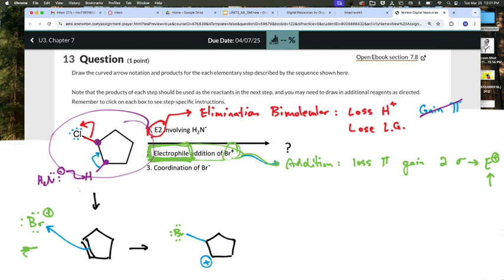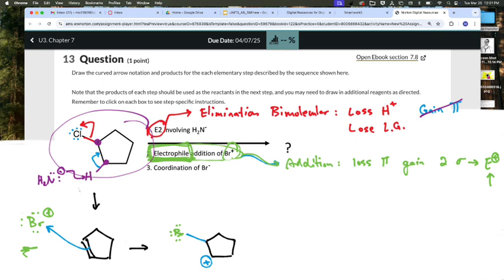You have to account for each of those pieces as you navigate. Why do you need to account for that? What's the very next step? Coordination of Br minus. And what does that Br minus need to find? A positive. And if you didn't account for that cation, where's your positive? You're now missing some information to be able to navigate that next step.